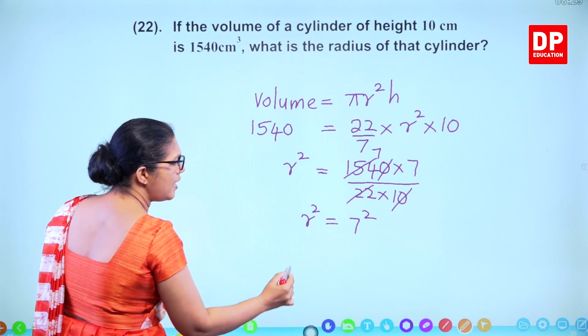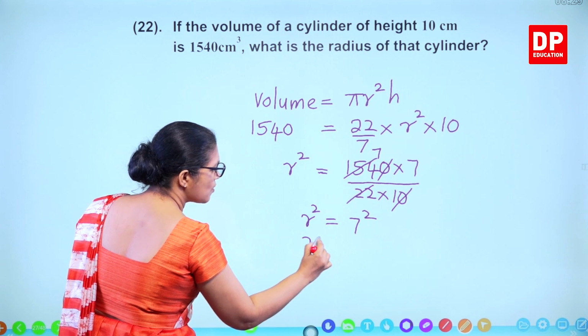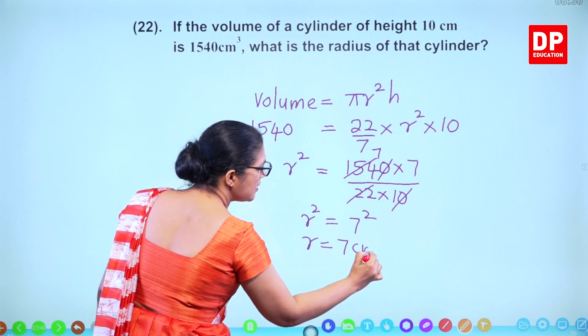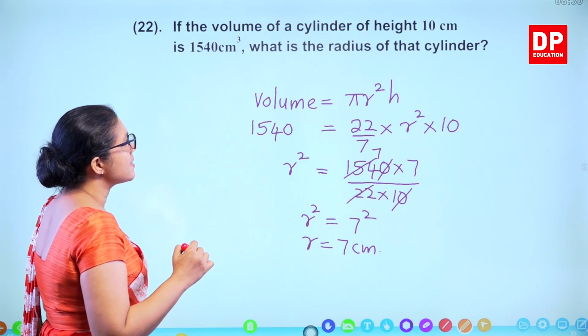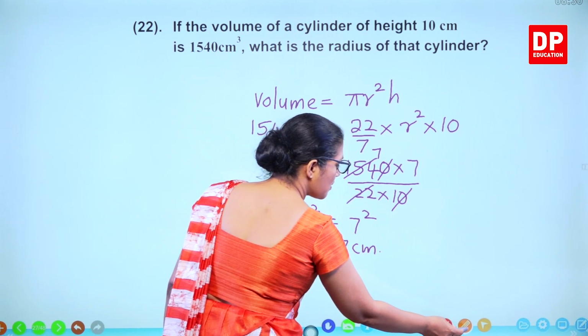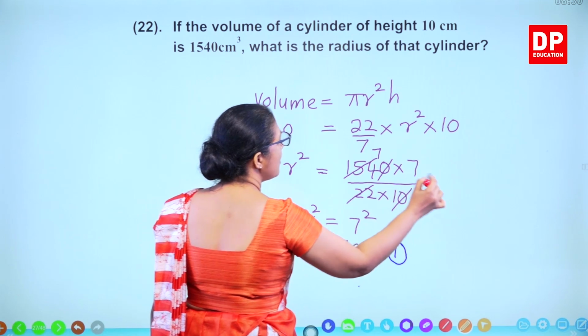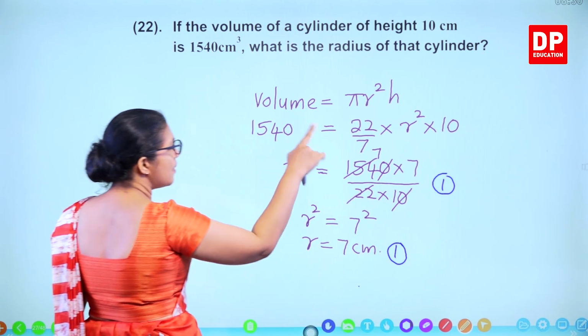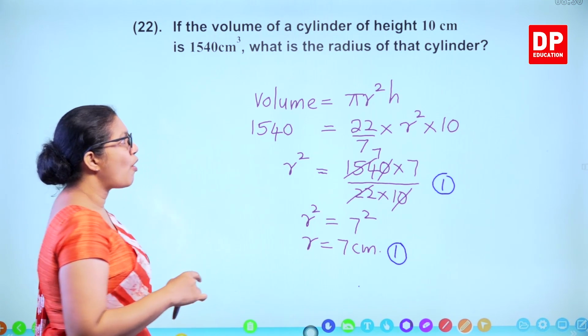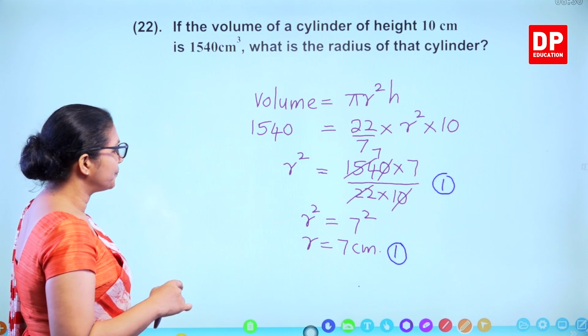So what's the r value? Take square root both sides. So r equals 7 centimeters. So you get marks, 1 mark for the answer and 1 mark for the method, correct formula for volume.